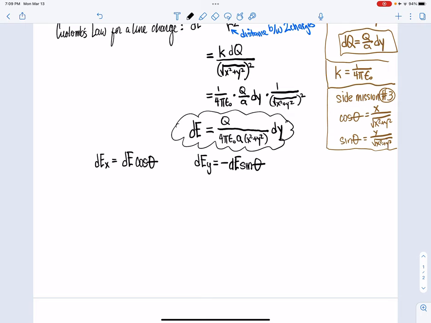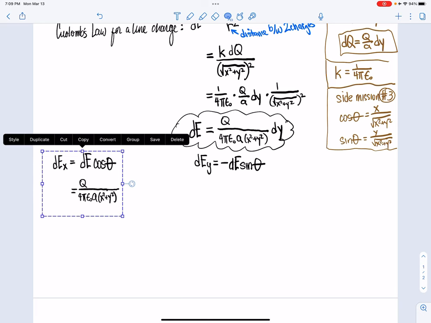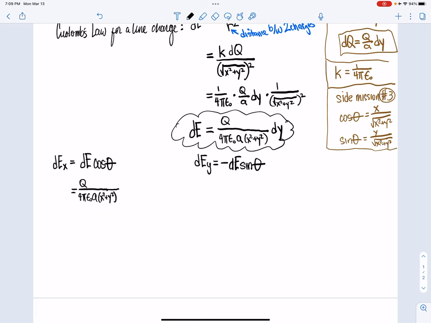We already know that our dE is equal to q over 4 pi epsilon naught a times x squared plus y squared dy, but I'll leave that till the end. And the cosine of theta, so we multiply that by x over square root of x squared plus y squared dy, right?